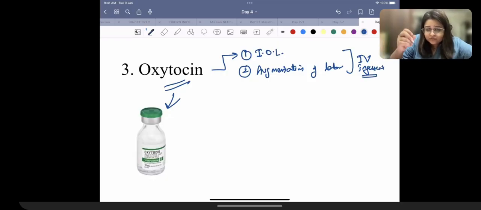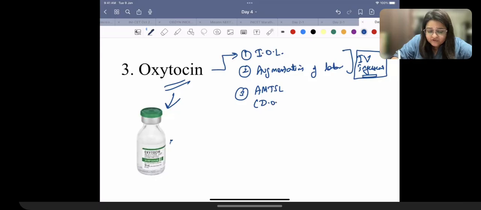Okay, so you mix the drug. There are different regimes. The dosing is not important for you all. There are different regimes by which you can give this drug. There's low dose regime, high dose regime. Just remember it's given as an IV infusion. Then the most important use of this drug is in active management of third stage of labor, where it is the drug of choice.